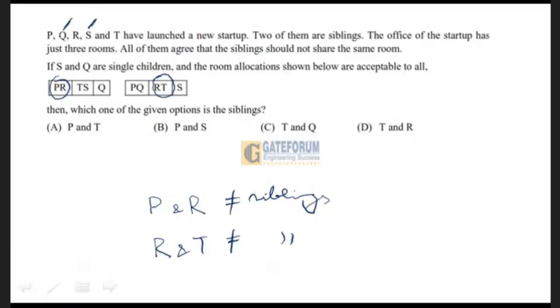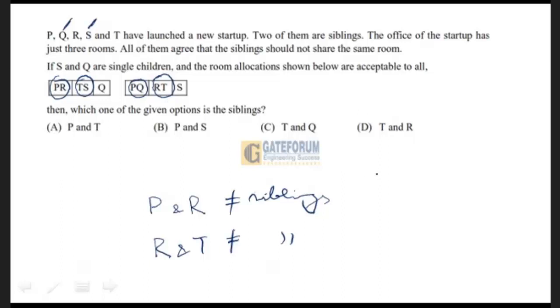Now we already know that Q does not have any siblings, so the question of PQ being siblings doesn't arise at all. We also know that S does not have any sibling, so naturally TS being siblings doesn't arise either.